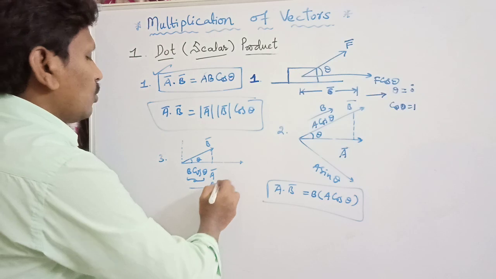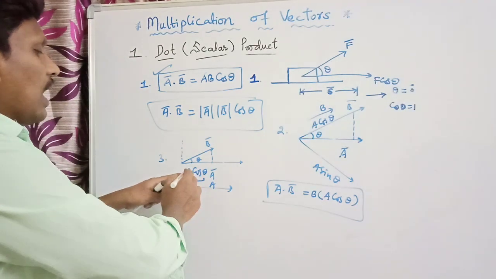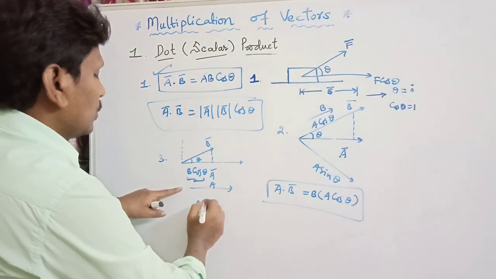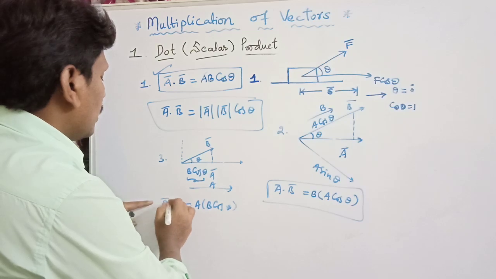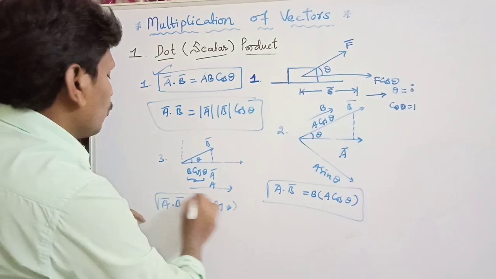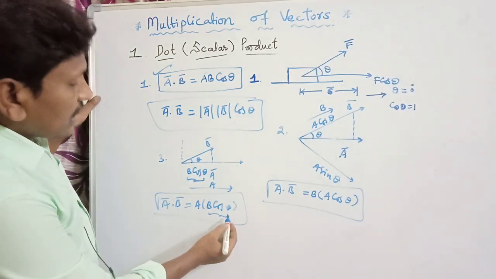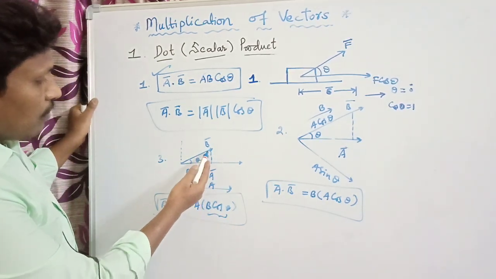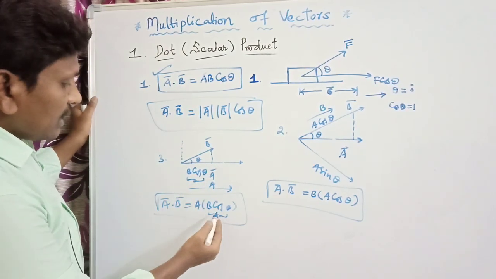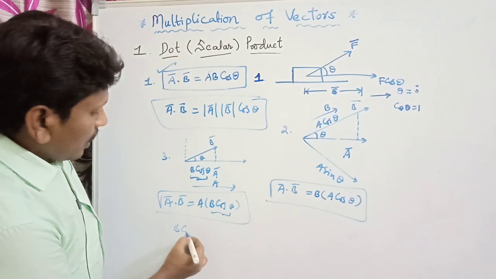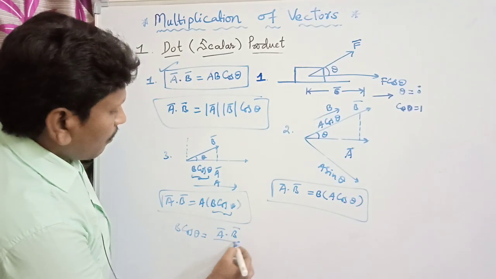If I take the magnitude of A, we can simply multiply A and B cos theta, that is A into B cos theta, which gives the dot product of the two vectors. Here B cos theta is the component of the B vector along the direction of the A vector. From this we can write B cos theta equal to A bar dot B bar by A.